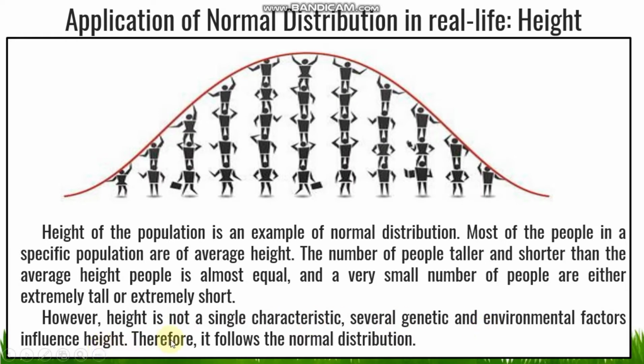Several genetic and environmental factors influence height. Therefore, it follows the normal distribution. So, kaya example sa real life natin talaga is the height, because there is average height, above average, and below average. And it can be graphed in a normal distribution like this.